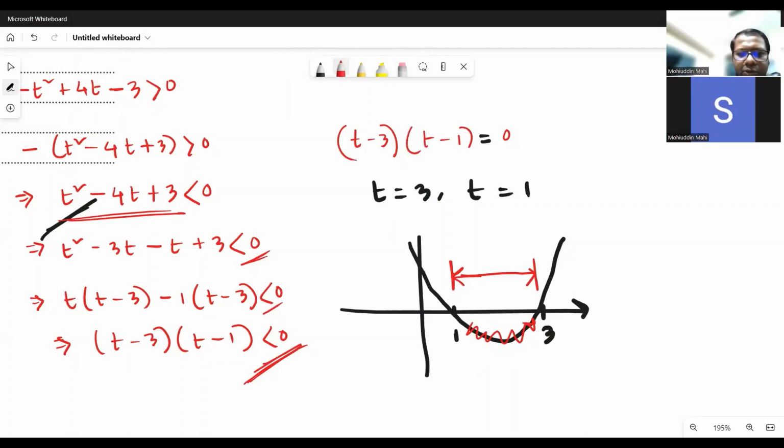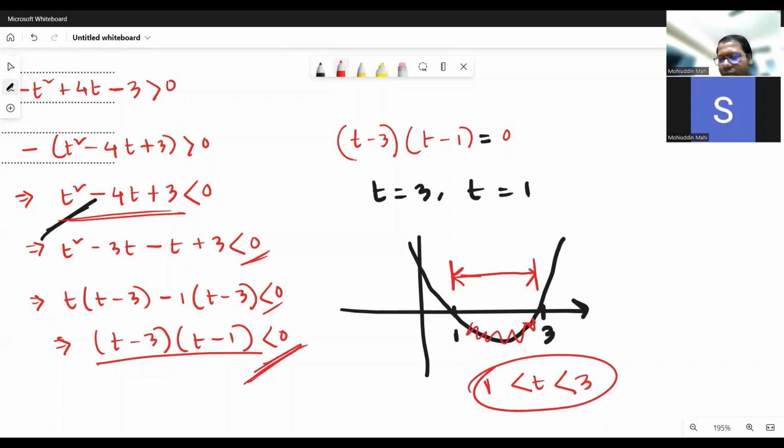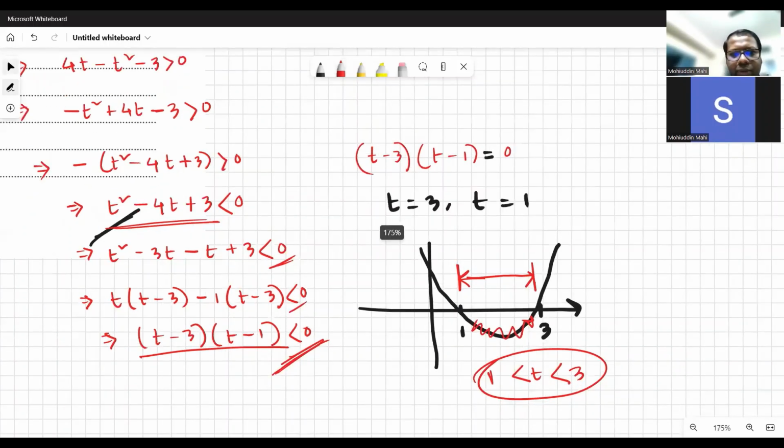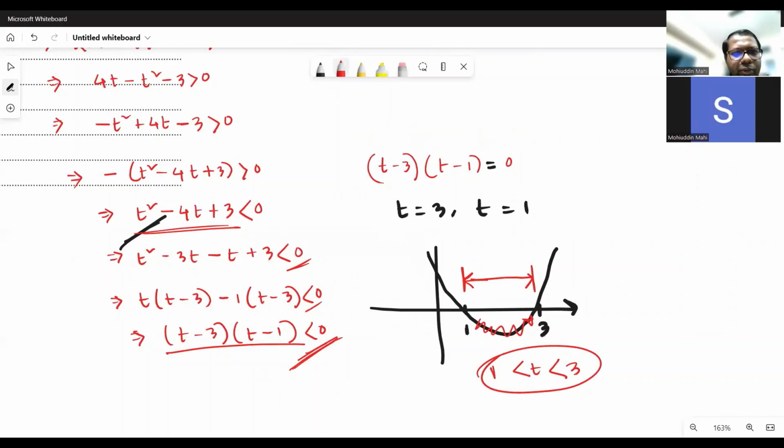So for this inequality, the corresponding answer is 1 to 3, that is, from 1 second to 3 seconds. So that will be the answer.